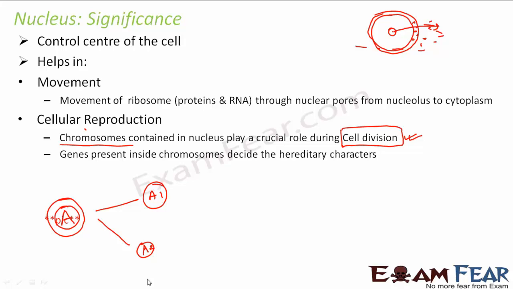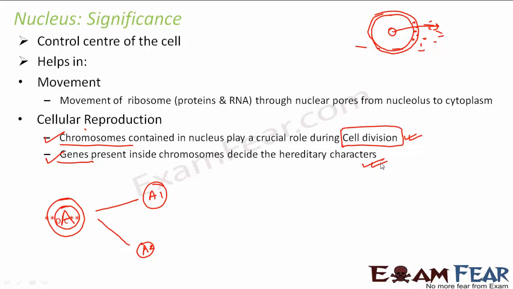Not only that, the genes present inside the chromosome, because a chromosome is made up of DNA and proteins, and DNA consists of segments known as genes, decide the hereditary characters, right? So that is why you can understand why the nucleus is known as the brain of the cell, because of its significant role in cellular reproduction and movement of substances through nuclear pores from the nucleolus to the cytoplasm.